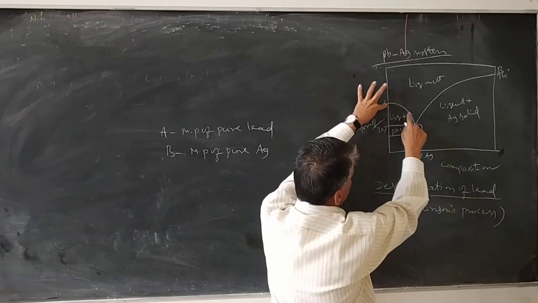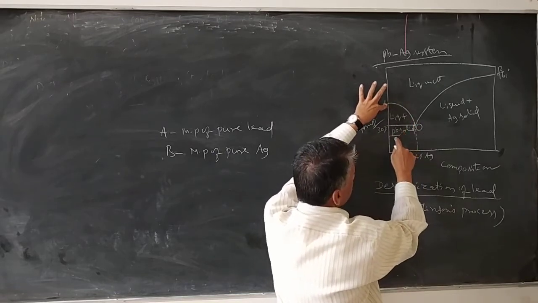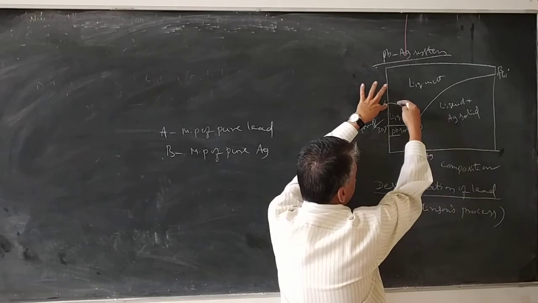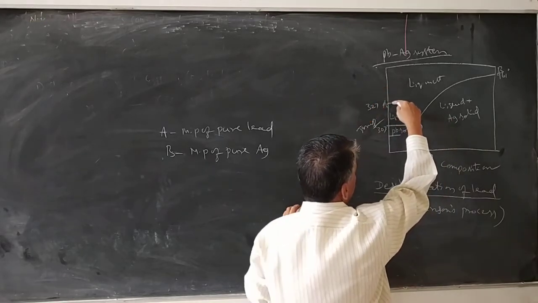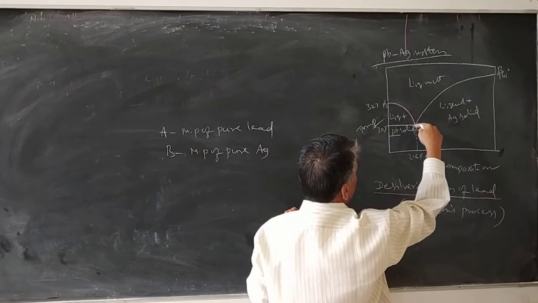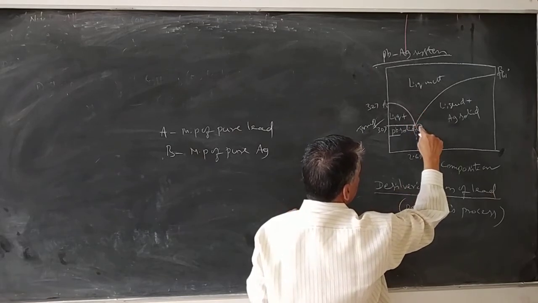There is a decrease in the melting temperature of lead when silver is added to lead. Okay, so therefore the temperature decreases and finally it reaches point O.